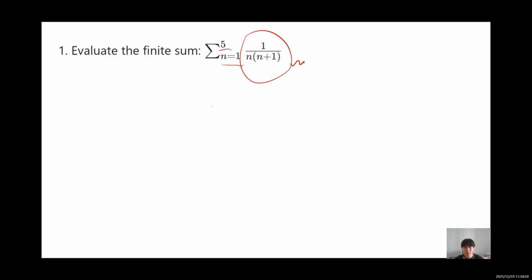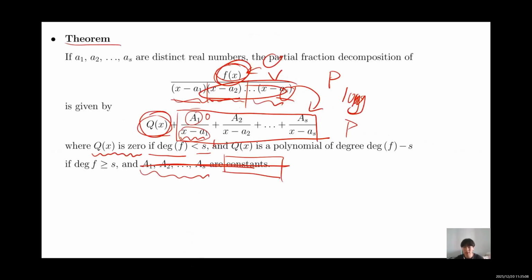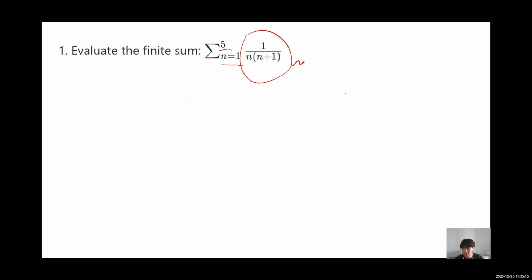Seeing this, we might just plug in 1, 2, 3, 4, 5 and add them to get the answer, but it is very complex. So let's recall what we have learned. We have a fraction like this, and we can write it in this way. So let's try this.